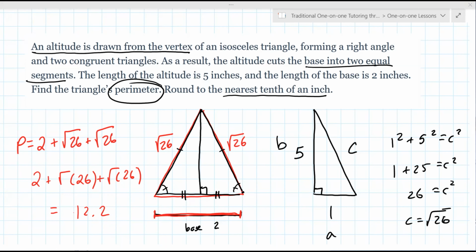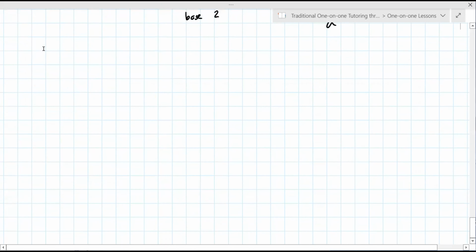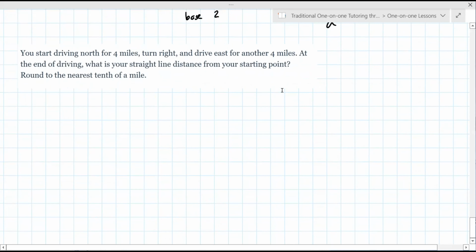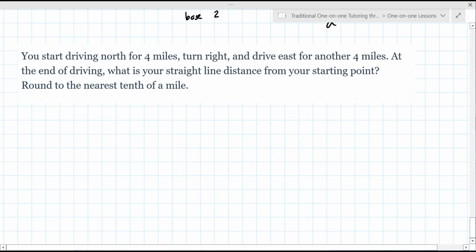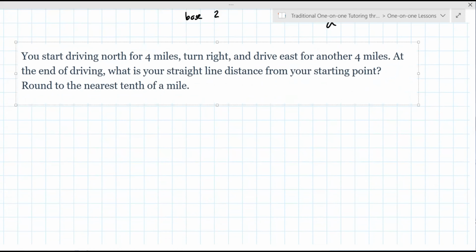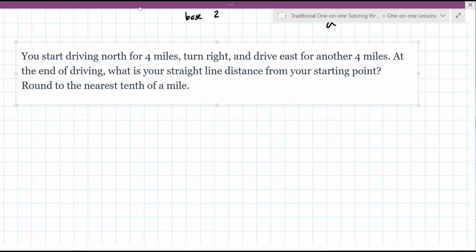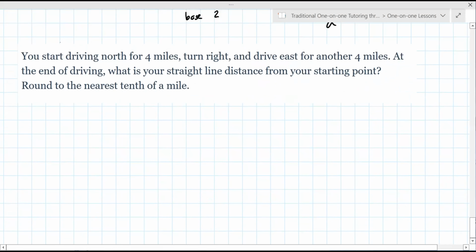Okay, we'll do one more problem and then we'll call it for today. All right, you start driving north for 4 miles, which I think is possible in this town. Then you turn right and you drive east for another 4 miles.